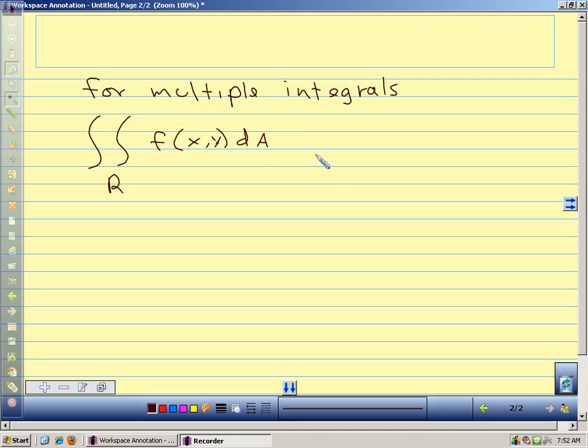We change variables. We let x equal some function of u and v, and y also equals some function of u and v. So instead of x and y, our new variables are going to be u and v.